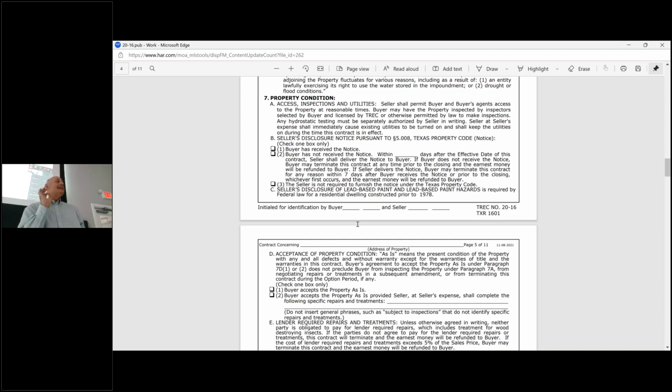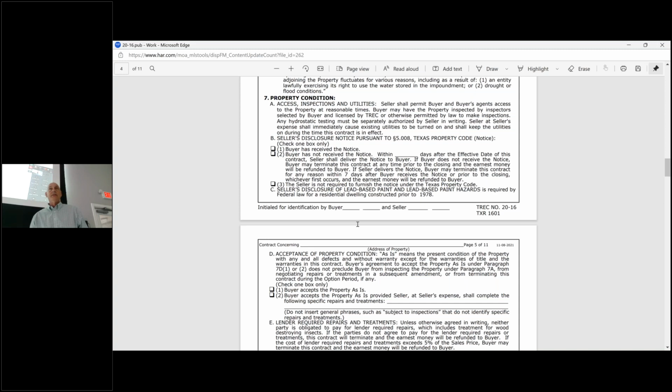The listing is not part of the contract. So what they said is that we were going to have to do it. Well, they didn't make your client; your client voluntarily agreed to do it because they were under no obligation. In fact, it was just the opposite. The seller is the one who was bound to turn on those utilities at their expense and leave them on until closing.